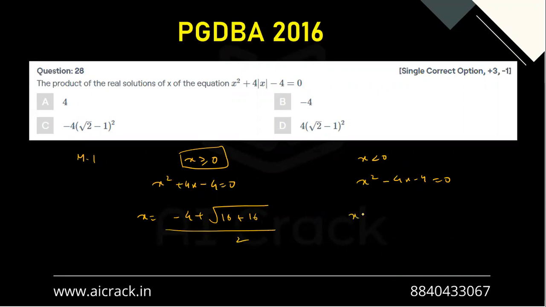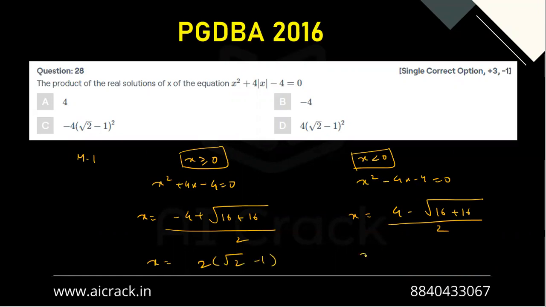Over here we'll be getting 4 plus, but we won't be considering the plus sign because x is less than 0. So 4 minus under root b square minus 4ac, that would be 16 plus 16 divided by 2. Now you will get 2 times root 2 minus 1 over here, and you will get minus 2 times root 2 minus 1 as the root.